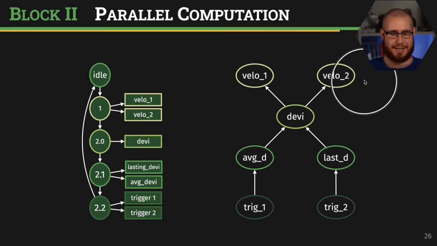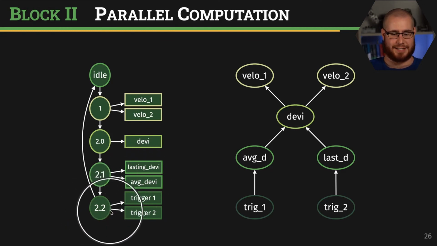And you can see that each of these levels here, each of these layers, represent a part of the specification that can be computed in parallel. And this is what's represented by these different stages of the evaluation here. So in the first stage here, we update all input streams. In the next one, we update everything that is in the certain layer of the dependency graph, in this case, just deviation. And then next layer, we have the lasting deviation stream and average deviation, which we can compute in parallel.